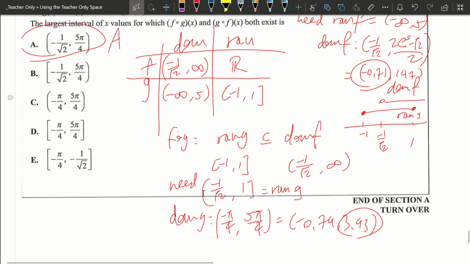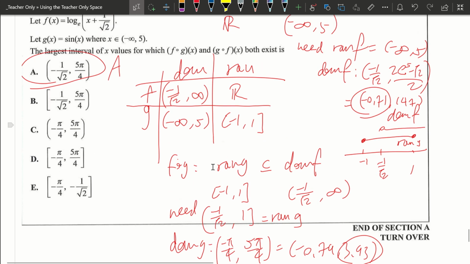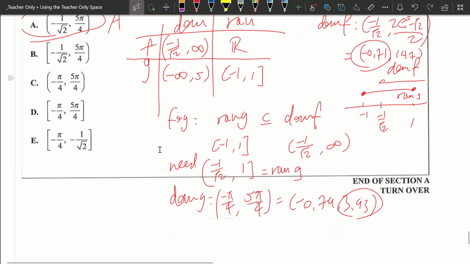Then my range of G, I need to make this interval the range of G, so that the range of G is a subset of the domain of F. And you basically use a calculator, right? The best way to do this is to graph the G function, and then graph y equals to this number, and y equals to 1.